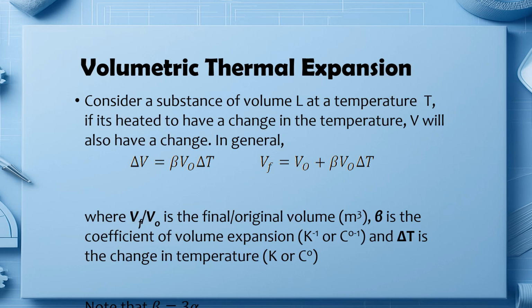For volumetric thermal expansion, let's consider a substance of volume V at a temperature T. If it is heated to have a change in temperature, the volume will also change. In general, the change in volume is equal to beta times the original volume times the change in temperature. Beta is the coefficient of volume expansion.